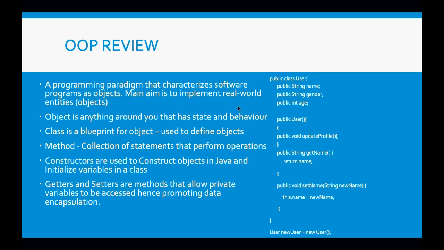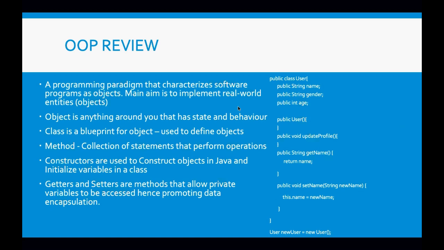You yourself as a person, in the world of programming, you're an object. You've got eyes, ears, nose, mouth, and you've got behavior as well, because you can walk, you can talk, you can eat, you can see. So these are you yourself. You are an object in the programming world.